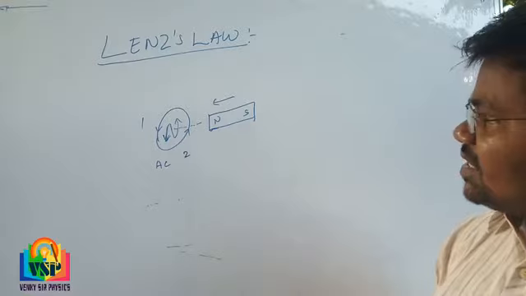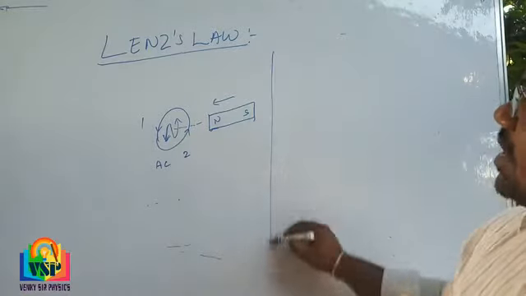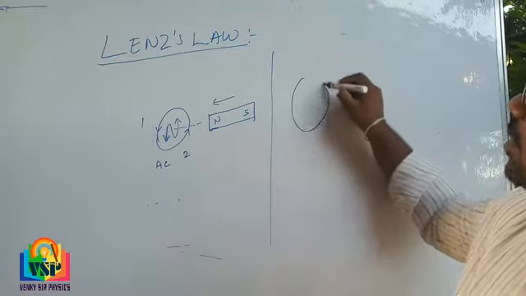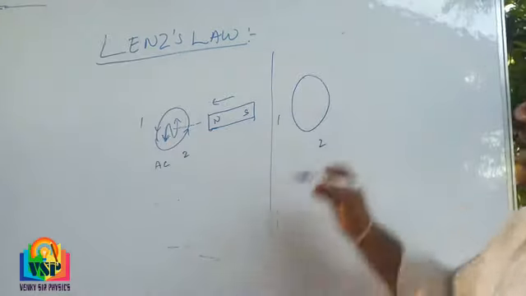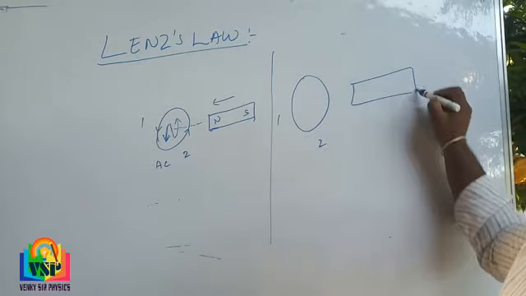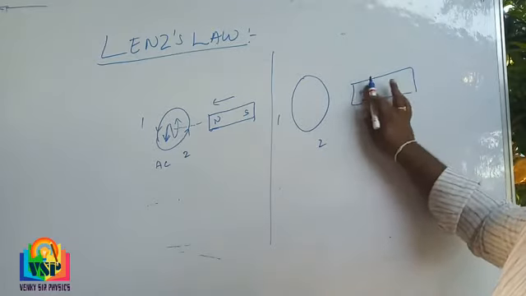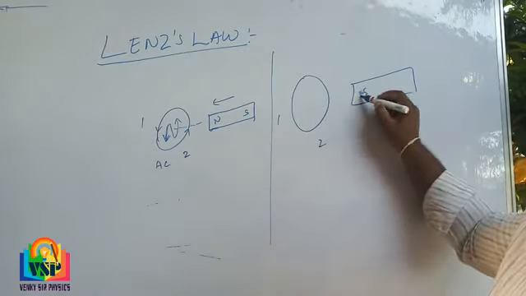Consider another example. This is side 1, this is side 2, and here we take a south pole. Sorry, earlier we took north, now we take south.